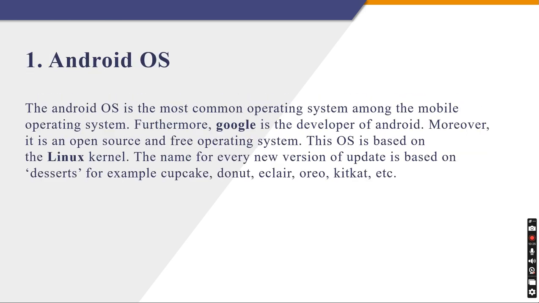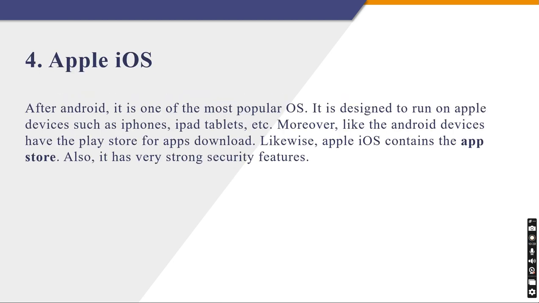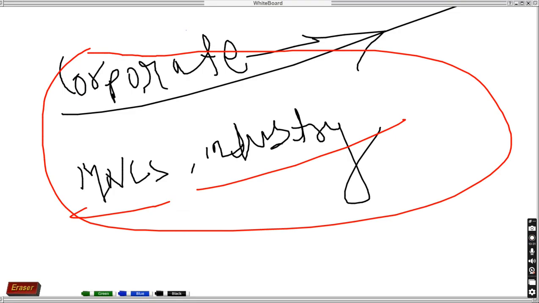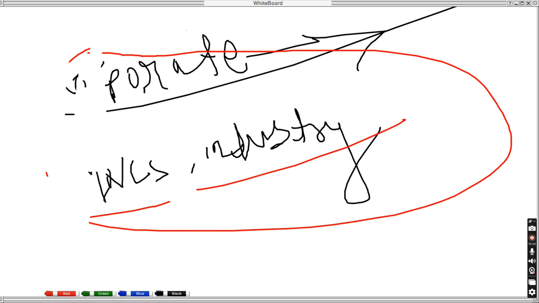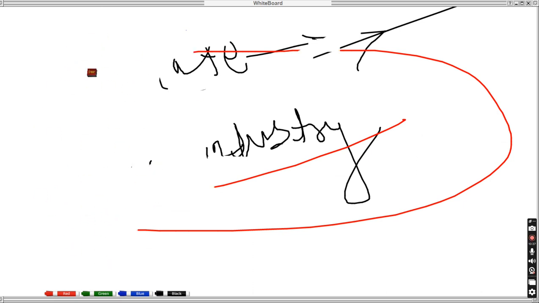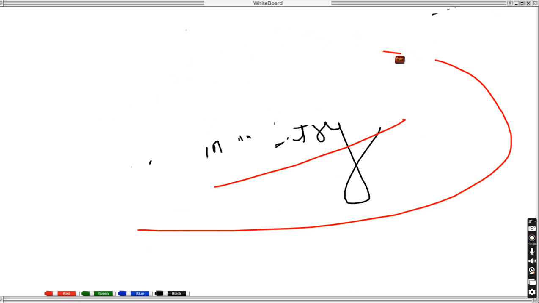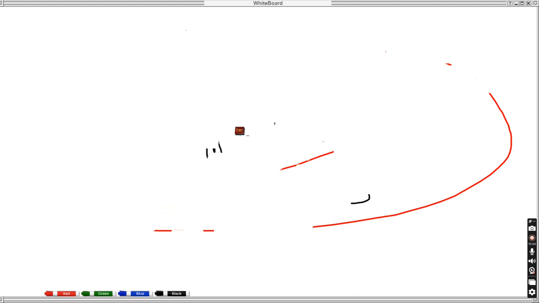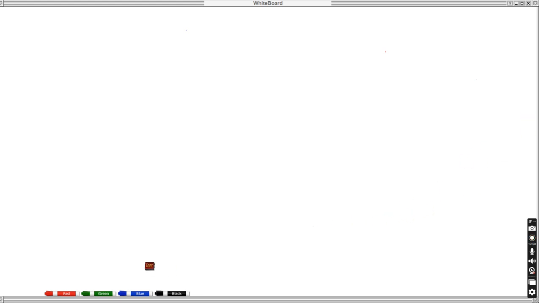So we can compare Android OS and Apple iOS. We can easily differentiate between Android OS and Apple iOS. I will explain all these things in detail. Okay, continue with me. Sorry for these things.